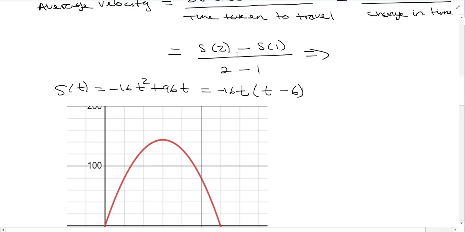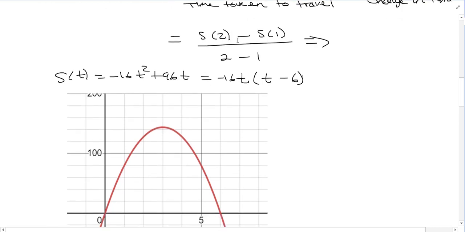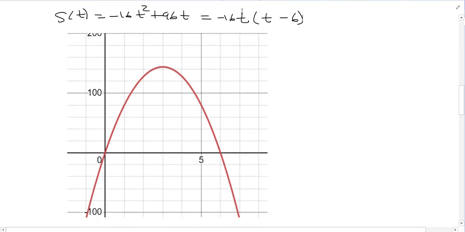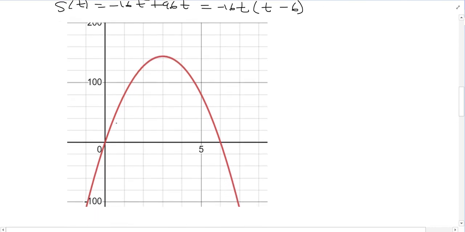But we're looking at the average velocity on the interval 1 and 2. So we're looking over here. Here's 1 and here's 2. So we are looking at that change, right? So the average velocity will be then the change in position, which will be this, divided by the change in time.